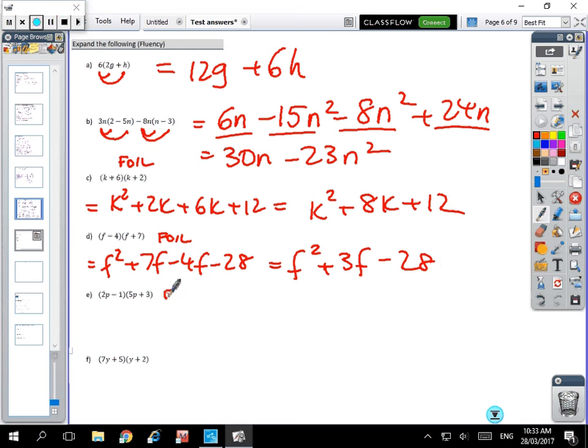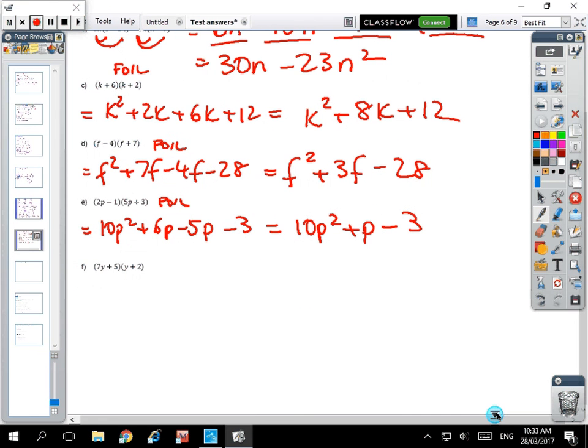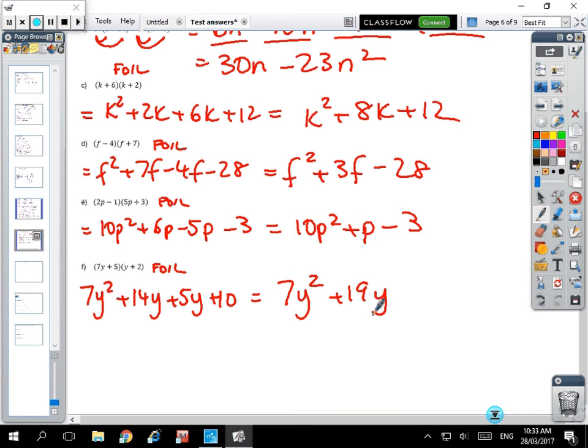And then use FOIL again: 10p squared plus 6p minus 5p minus 3 equals 10p squared plus p minus 3. And using FOIL again, 7y squared plus 14y plus 5y plus 10 equals 7y squared plus 19y plus 10.